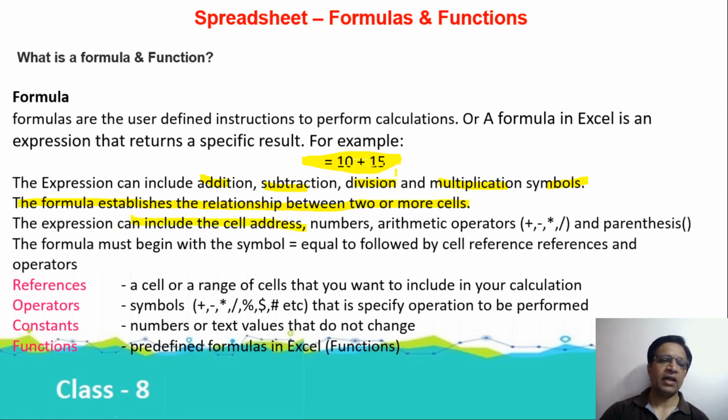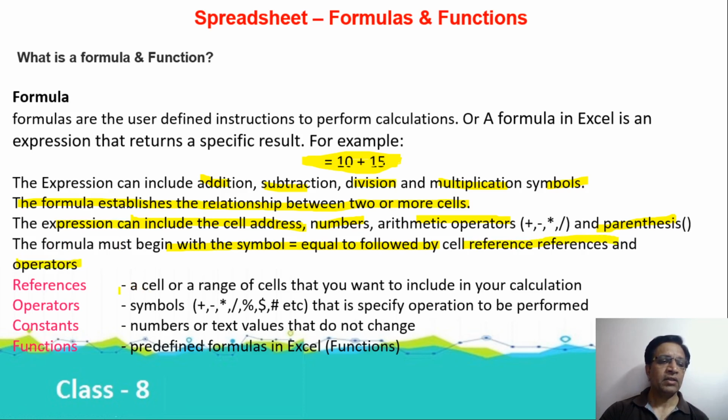Here I have given one simple expression, but what else can be there in an expression is cell address, number, arithmetic operators and parentheses. The formula must, very important, begin with an equal to sign followed by the cell references and the operators. We'll see later on in this.